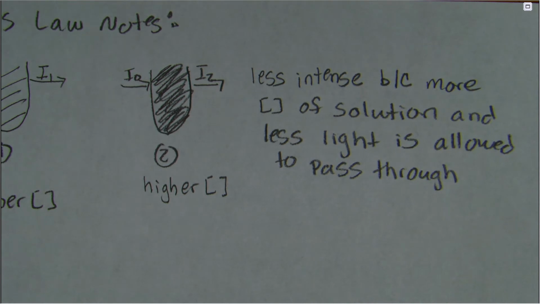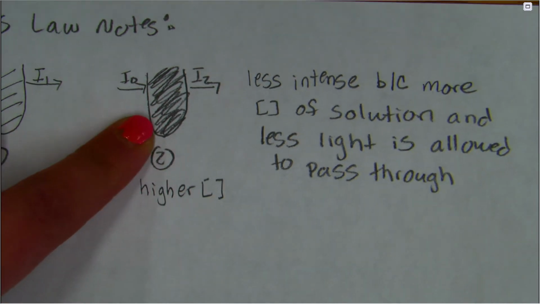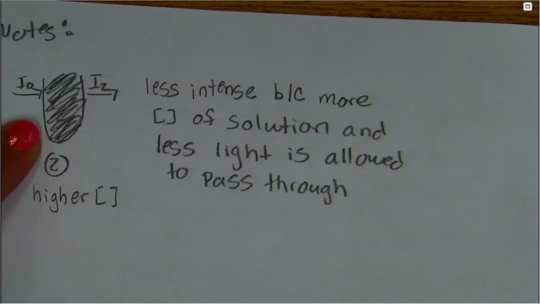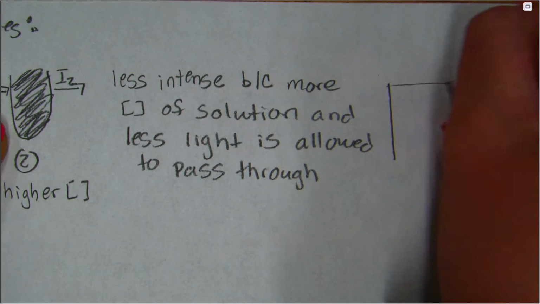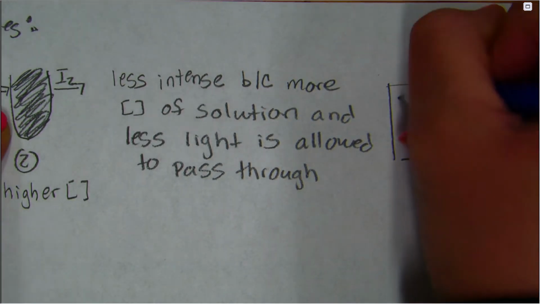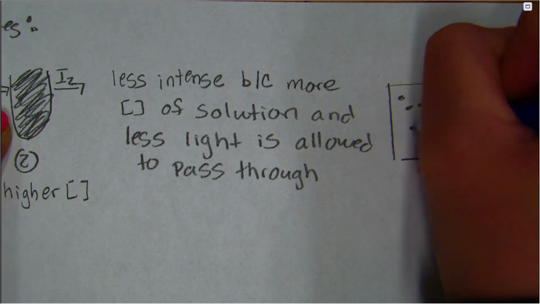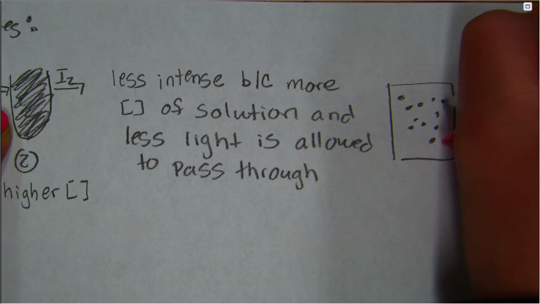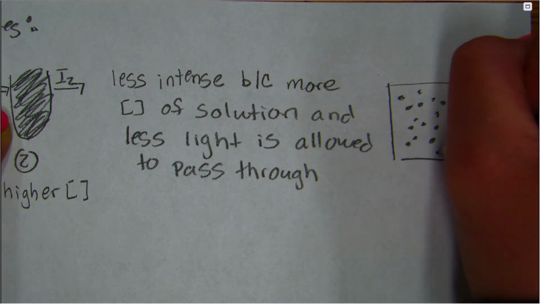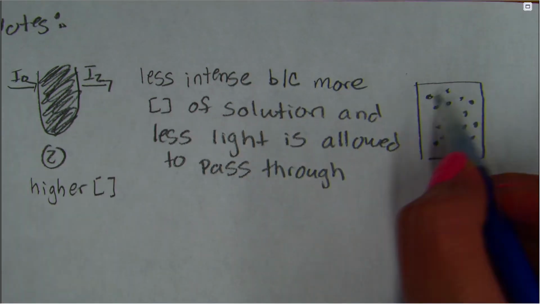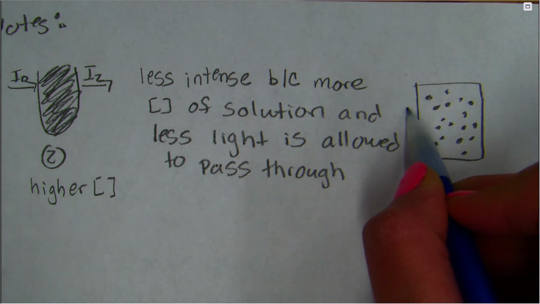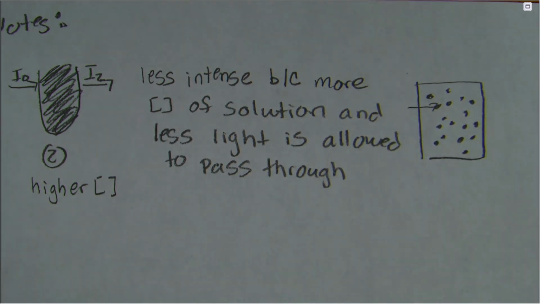So basically, we have a cuvette that is very concentrated. If we were to draw this at the particle level, we have a highly concentrated solution, so lots of solute particles. The light is coming in. That light may hit a particle and be absorbed.